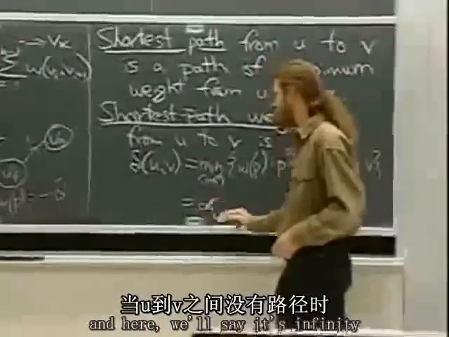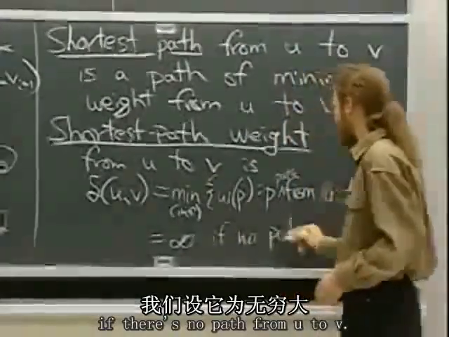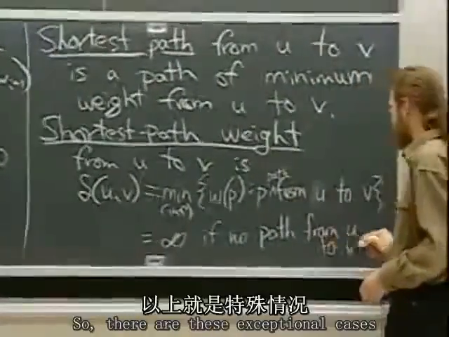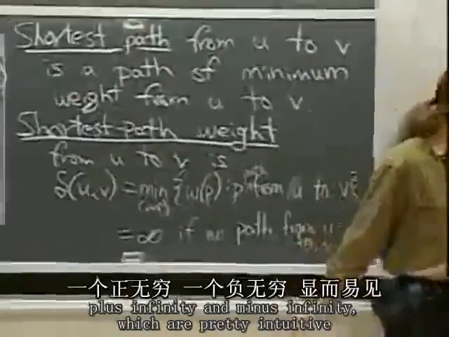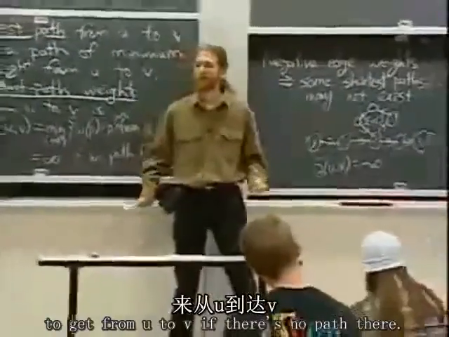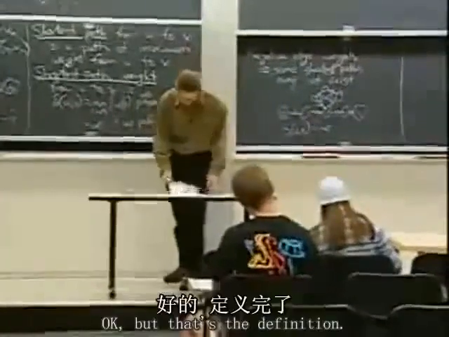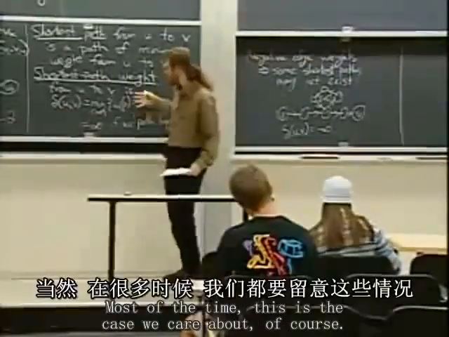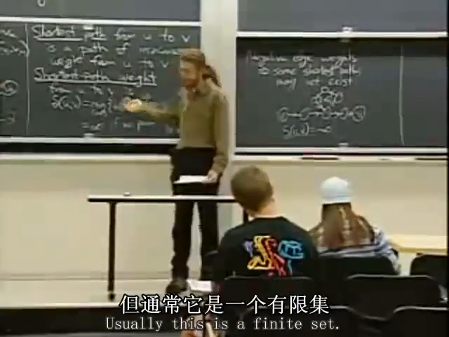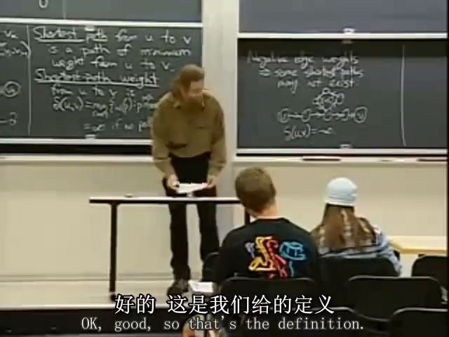Here we'll say it's infinity if there's no path from U to V. So there are these exceptional cases, plus infinity and minus infinity, which are pretty intuitive, because it takes a really long time to get from U to V if there's no path there. You can't get there from here. Okay, but that's the definition. Most of the time, this is the case we care about, of course. Usually, this is a finite set. Okay. Good, so that's the definition.